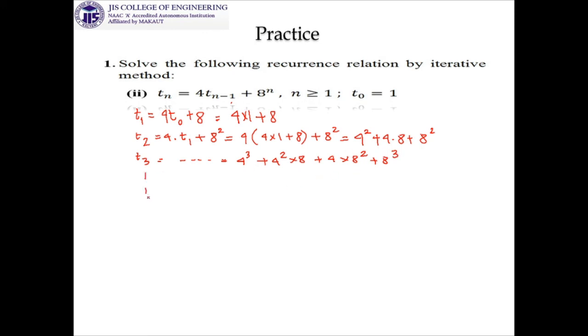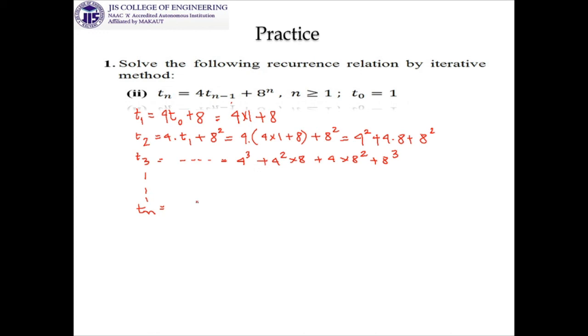Now when we are trying to find out the pattern for Tn, we are getting that 4 and 8 are coming as A and B. The power of A is having highest 3 and it is gradually decreasing 3 to 1 to 0. That means we can think about 4 to the power 0. And here it is 8 to the power 0, then 8 to the power 1, then 8 square, then 8 cube. But if we think about this, can we write the expression of Tn in compact form?